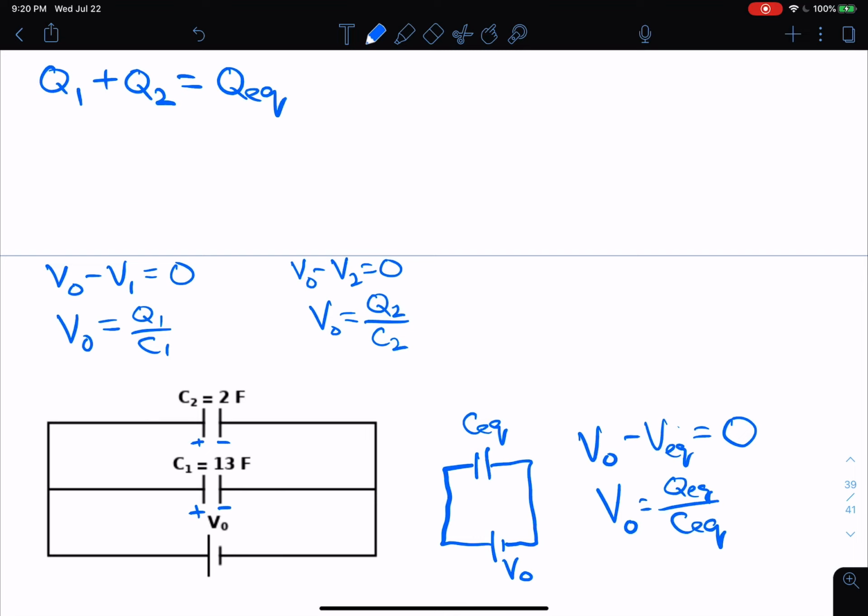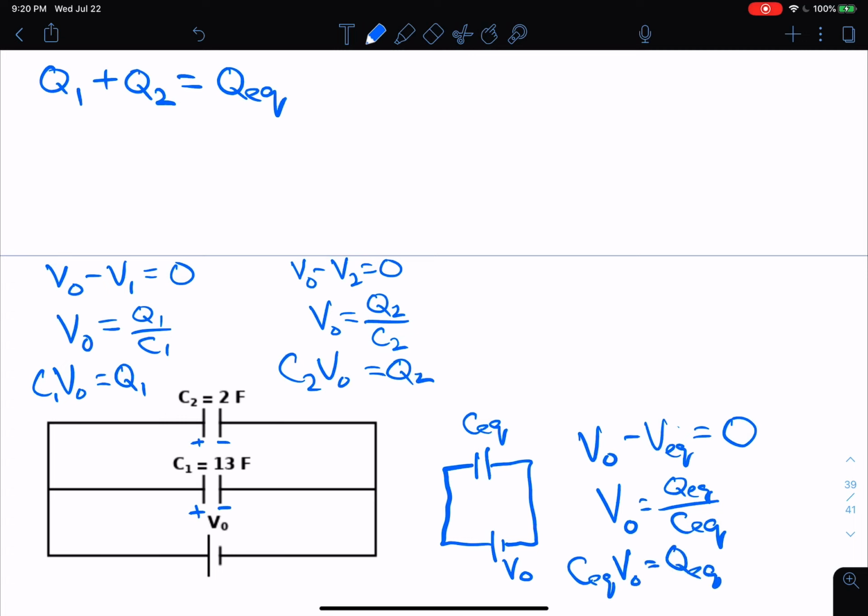Okay, for each of these, I want to use this relationship that I have. So I'm going to solve each of these for Q. That means I'm going to have V naught times C1 equals Q1. I'm going to have C2 times V naught equals Q2. And down here, I'm going to have CEQ times V naught equals QEQ.